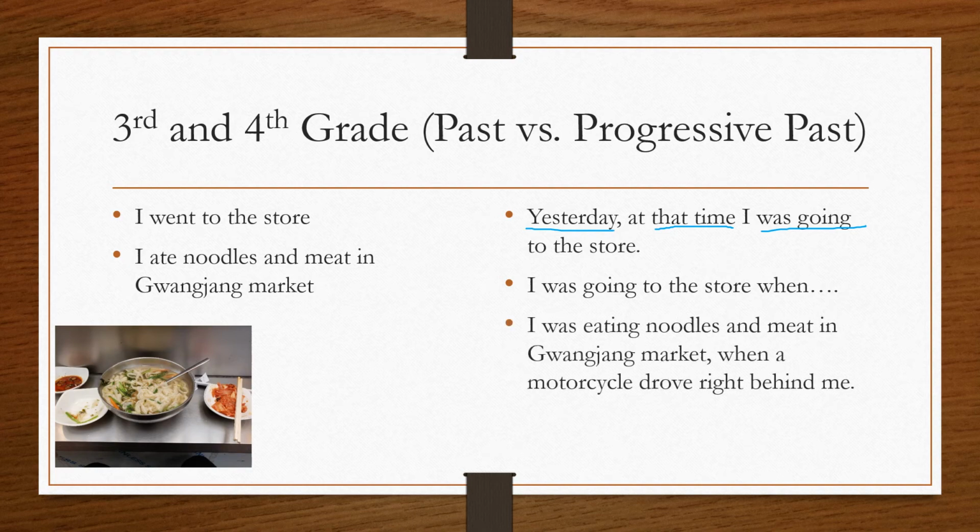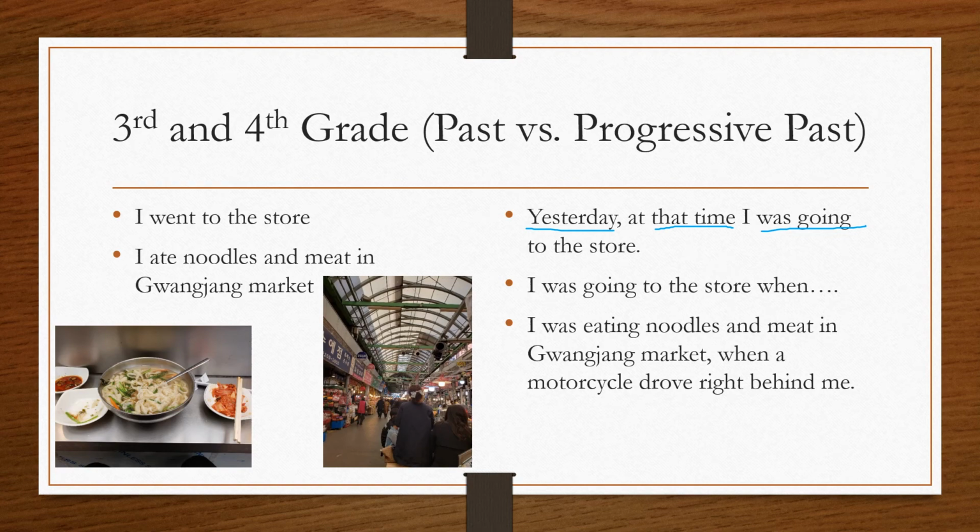I was eating noodles and meat in Guangzhou Market when a motorcycle drove right behind me. Okay. It's sort of open air. There are delivery motorcycles going through here. I didn't get a picture of the motorcycle in this photo, but it was fine. It was just a little surprising that there was maybe no space between me sitting down eating my food and people driving.